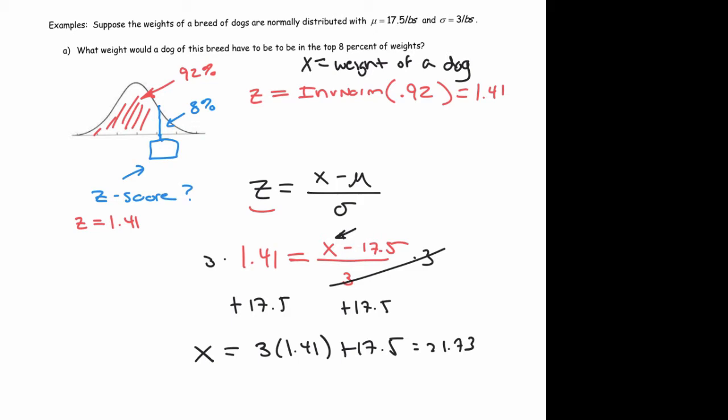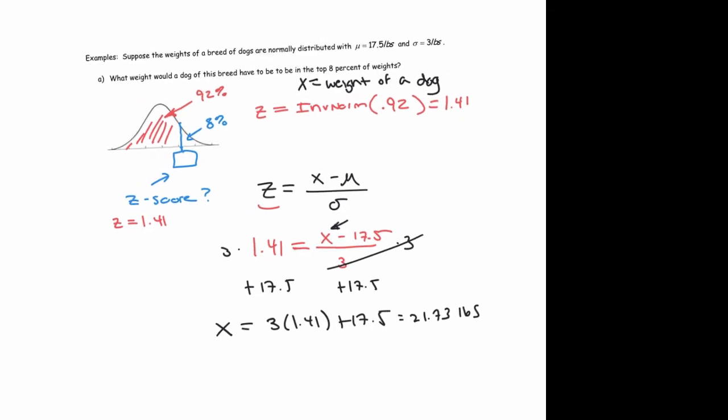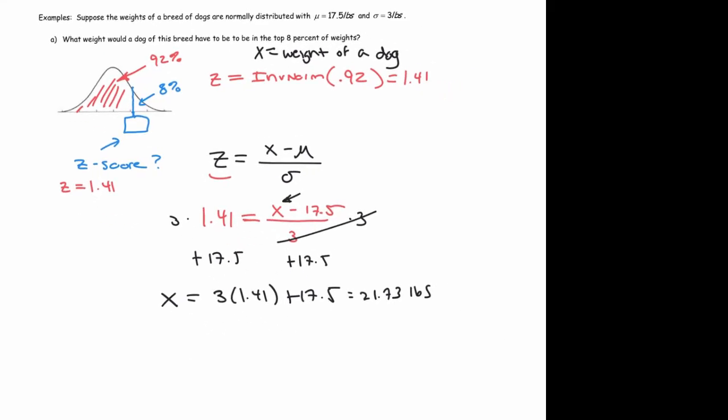So what weight would a dog of this breed have to be in the top 8% of weights? The dog would have to be 21.73 pounds or greater, right?